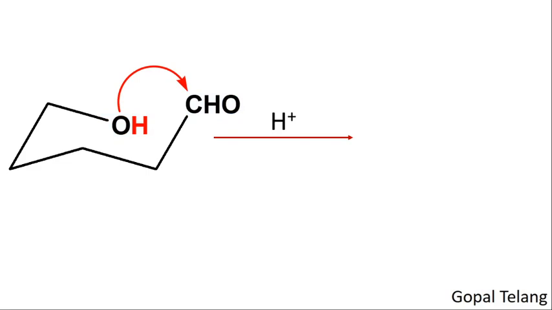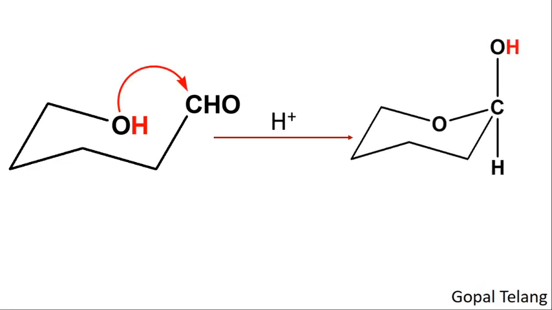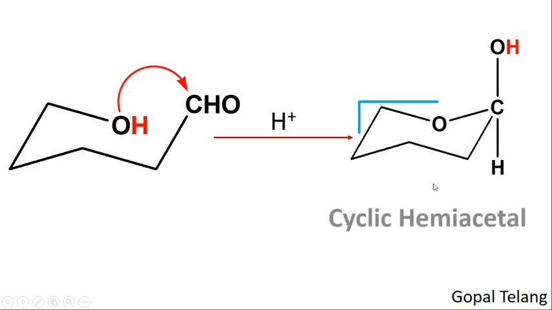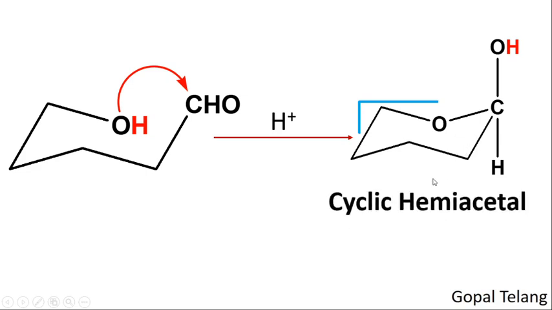So the hydroxyl group attacks, there will be an intramolecular reaction and cyclization, and in this cyclic compound, again this carbon contains OH, hydrogen, and this part is the alkoxy part, this is the alkyl part, and therefore this is termed a cyclic hemiacetal.